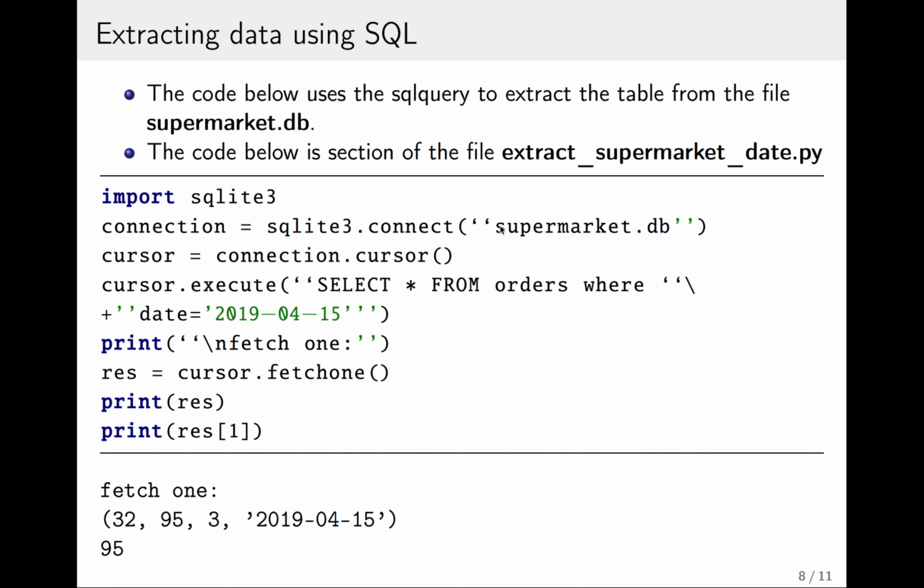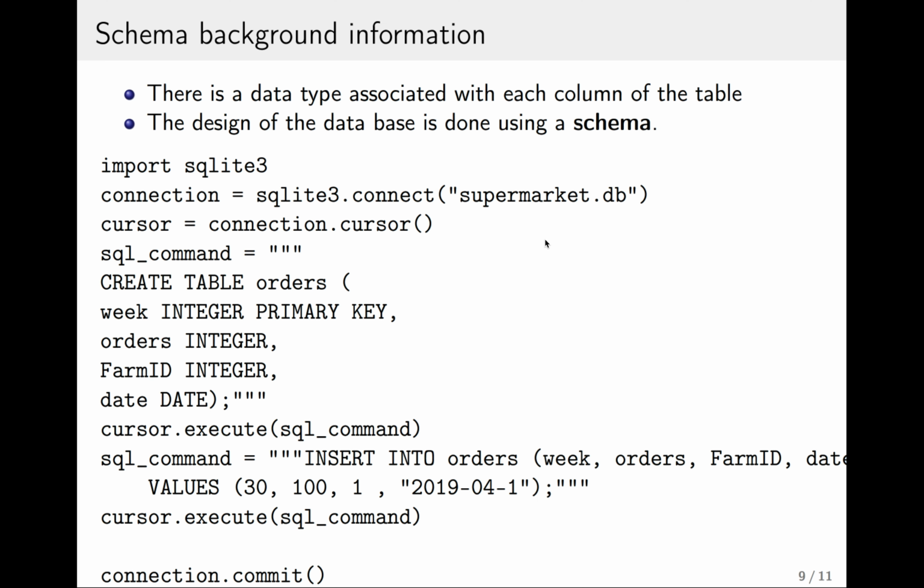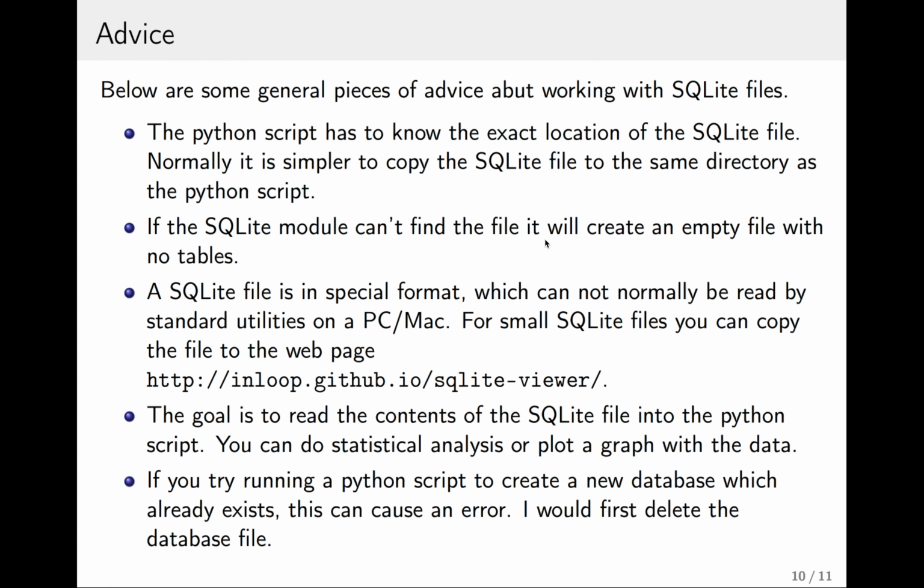But if you run this program the first time and it can't find supermarket.db, it will create an empty supermarket.db file. And then when you run it a second time, you'll see that file in the directory, but it'll have no tables, and then you'll just get another error. This has caused a lot of confusion in the past.